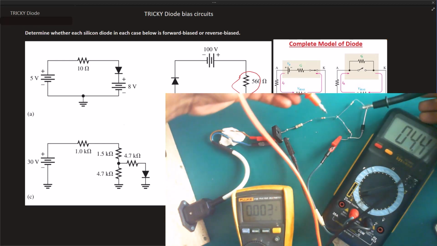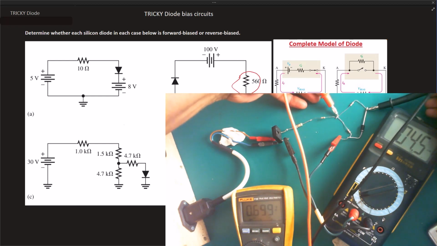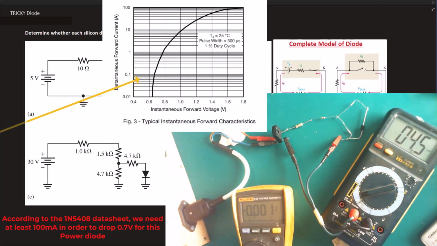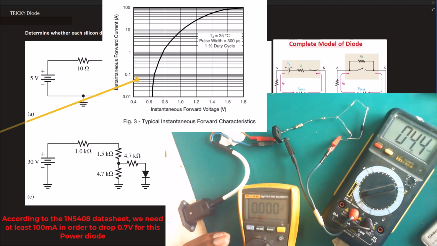Okay, so that's about 10 volt across this resistor, and across this diode, that's about 0.5 volt. So the point has been proven. Practically we're getting less than 0.7, but indeed the diode is forward bias. Then let's move on to the next one, and that will be the last case here.